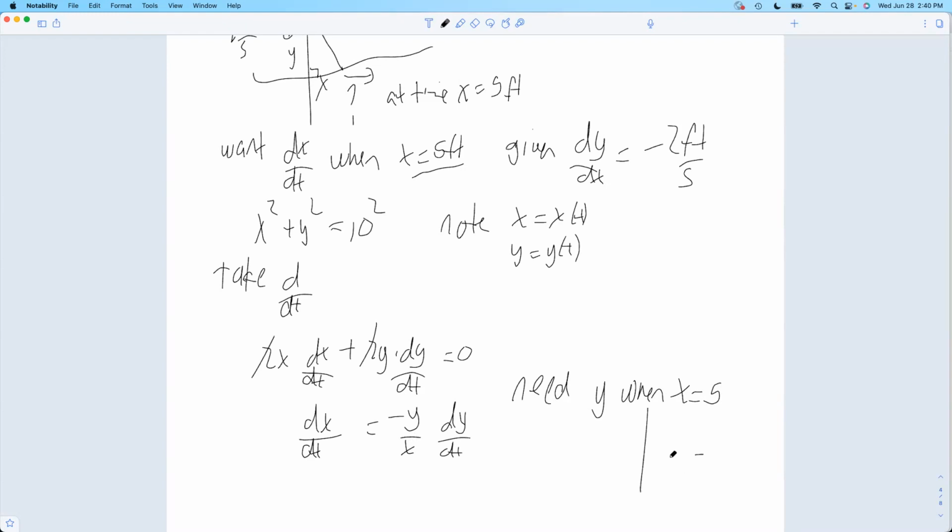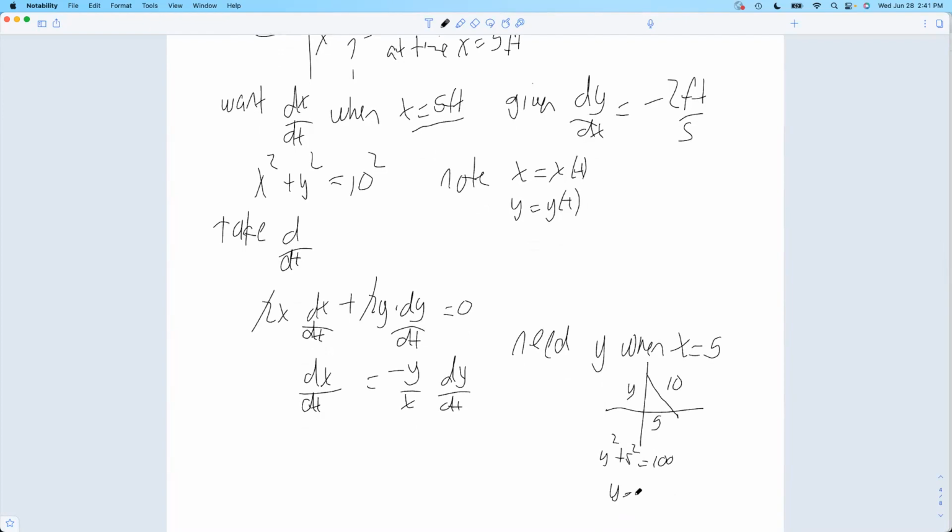So let's draw a little picture here. This side is 10. At the moment when this is 5, how would we get this? We do Pythagorean. Let me just call it y. Y squared plus 5 squared will be 10 squared, 100. I think you'll believe me when I just jump to y is square root of 75.